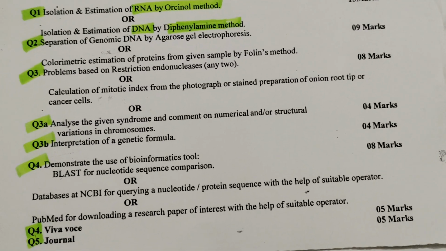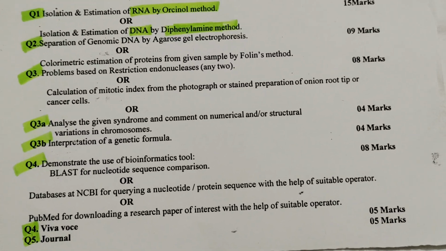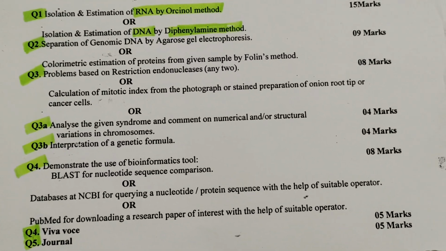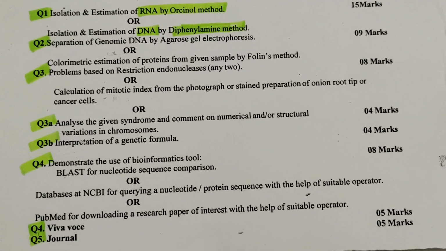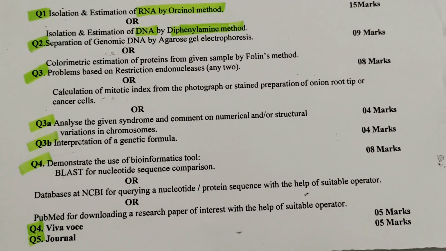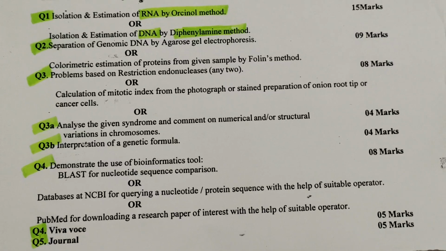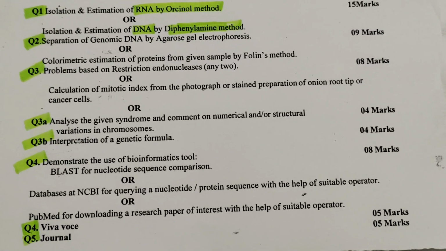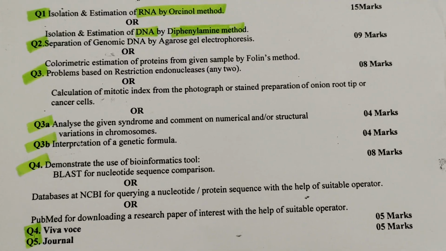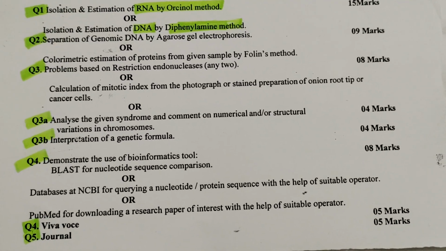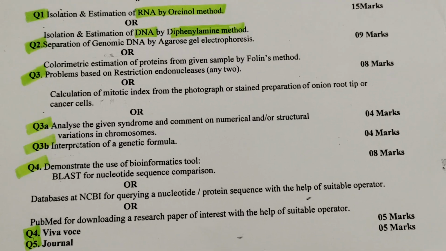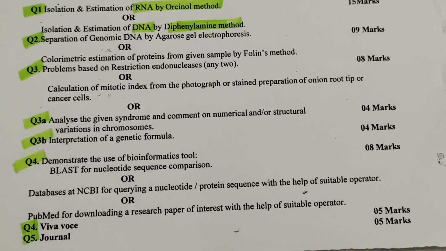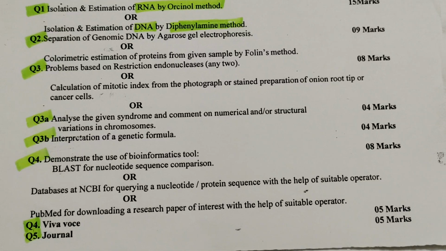So question number 3 has lots of options. The first option is your restriction endonuclease problem, 2 problems for 8 marks. Or you will get calculation of mitotic index, or you will get genetic formula with the syndrome or a karyotype. So there are 3 options in question number 3, and question number 3 carries 8 marks.